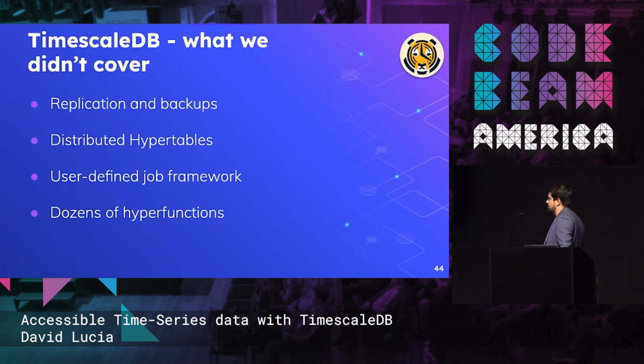What we didn't cover is replication and backups. It's got a number of different solutions for that. Distributed hypertables, you could distribute your hypertables across nodes for really large data sets and not have to store it on every node. For things like continuous aggregates, they have a user-defined job framework that runs behind the scenes that you have access to, and dozens upon dozens of hyperfunctions that we did not go over.